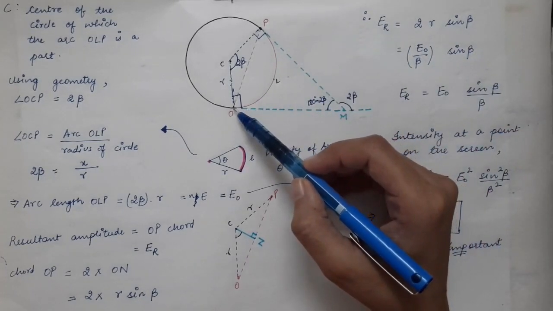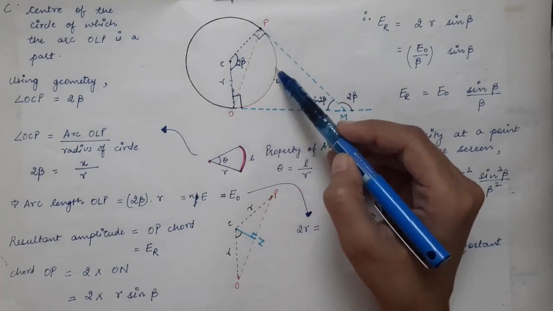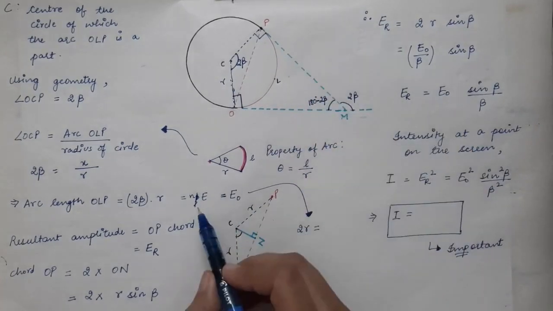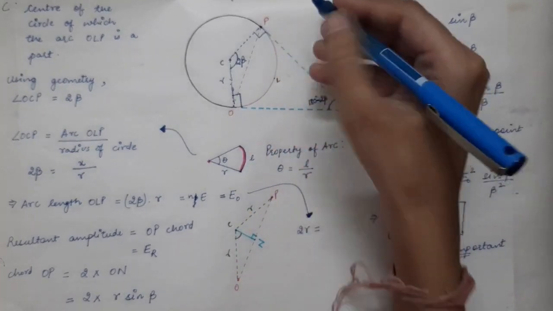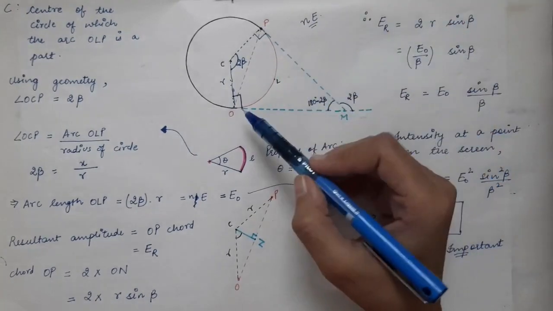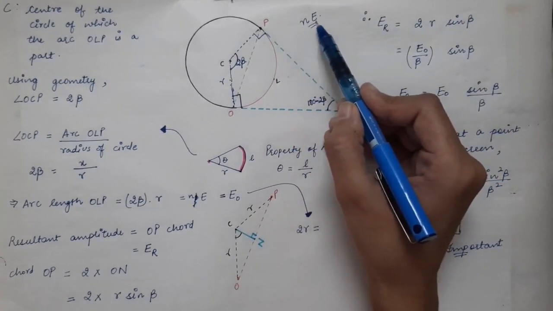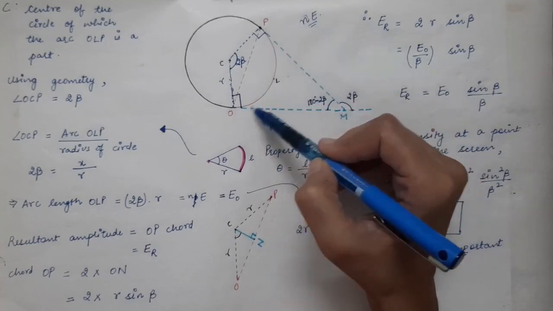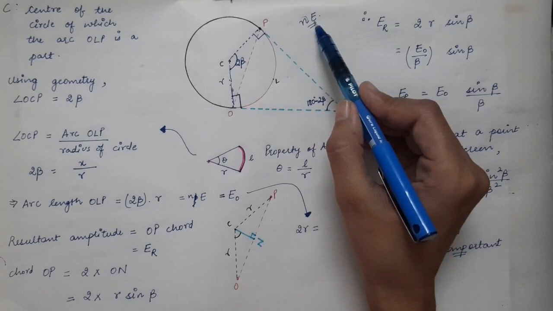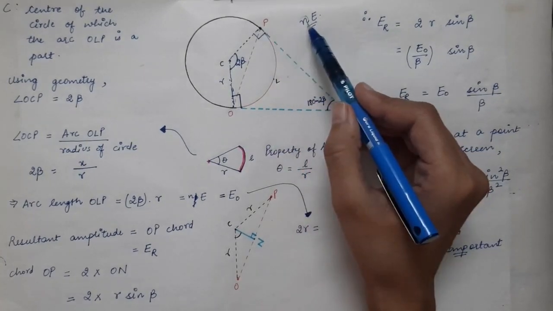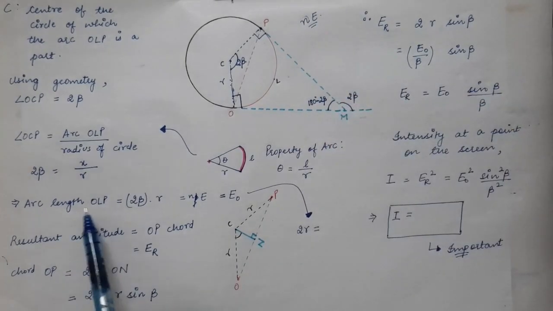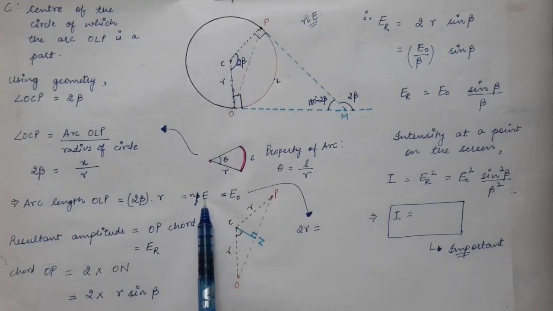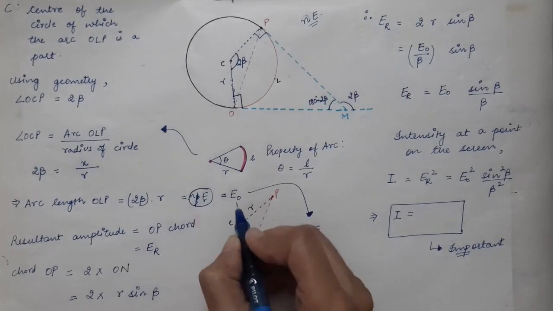Let's assume that there are n such vectors that make up this arc, and the amplitude, the length of each vector, let's say that is capital E. So the length of the arc will be equal to n times E. If n such vectors make up this arc and the length of each vector is capital E, then this length OLP will be nothing but n times capital E. So arc length OLP is equal to twice of beta into r from this formula, and it is also equal to n times capital E. And n times capital E, let's assume this is equal to E0.